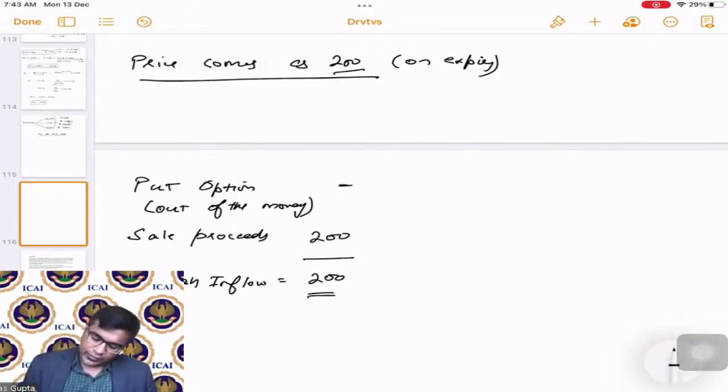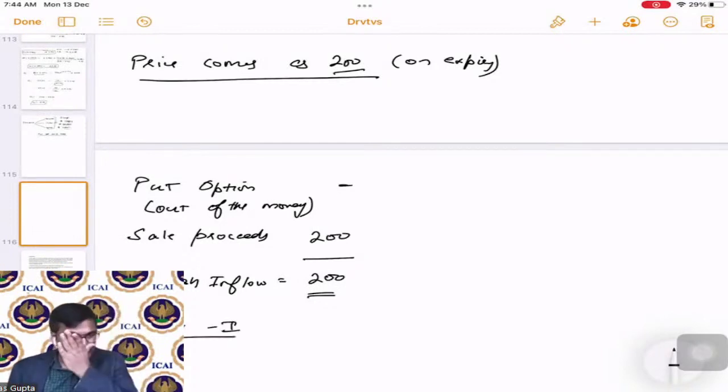This is again for investor number 1. So investor number 1 will expect a cash inflow of 200 rupees if the price comes as 200 rupees on expiry. Now let us understand from the call option.